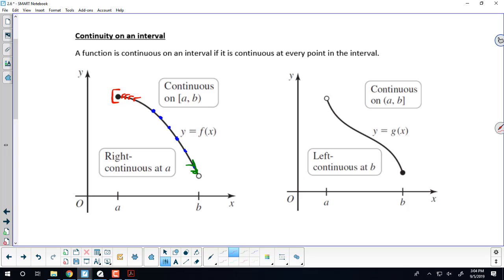Really where you start is you say that it's continuous on this interval here, and then based on the context of the function, if I compute the limit as I approach A from the right, and it's equal to the function value, then I would say that it's continuous here. If I compute the limit as we approach B from the left, and it's equal to the function value, then I could say it's continuous on this interval.